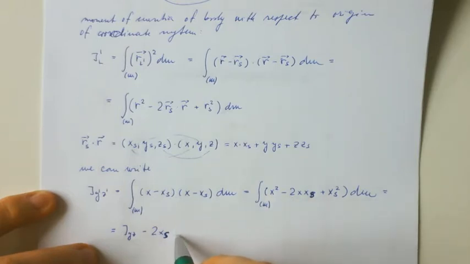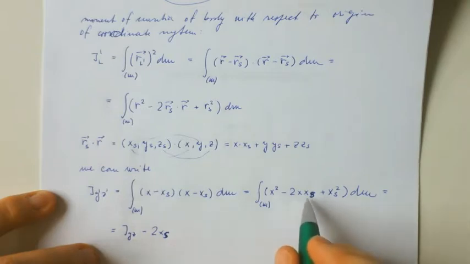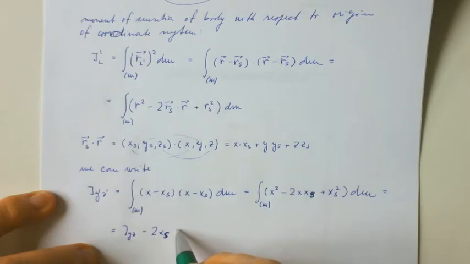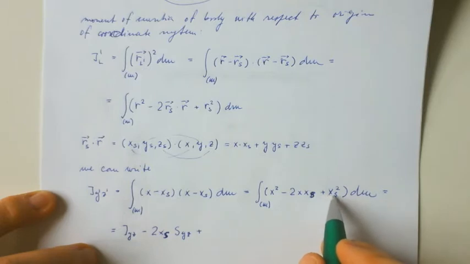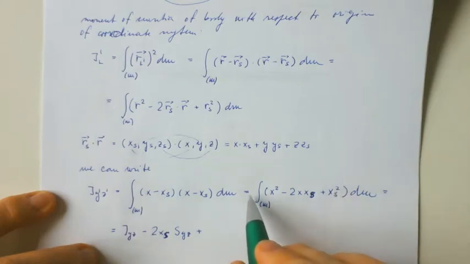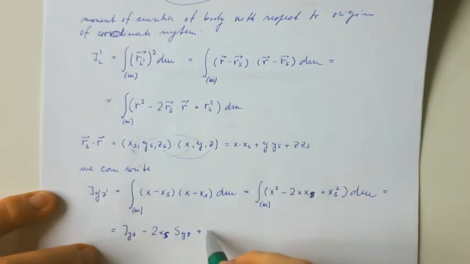So there remains the integral of x dm, which is the static mass moment Syz, and there remains the integral of xs square dm, and this is a constant, so we can put it out of the integration, and there remains only the integral of dm over m, which is m itself, so it is xs square by m.